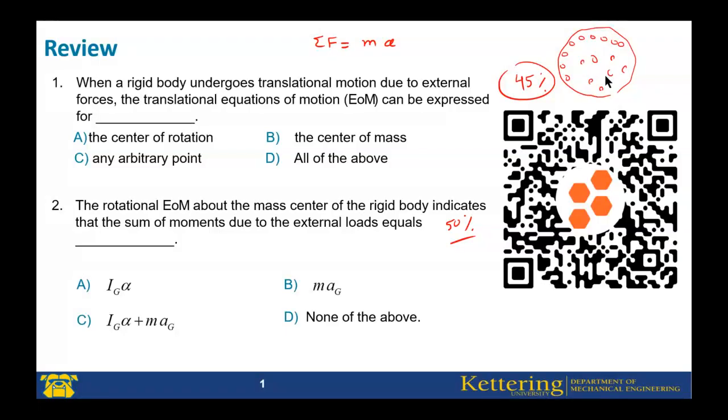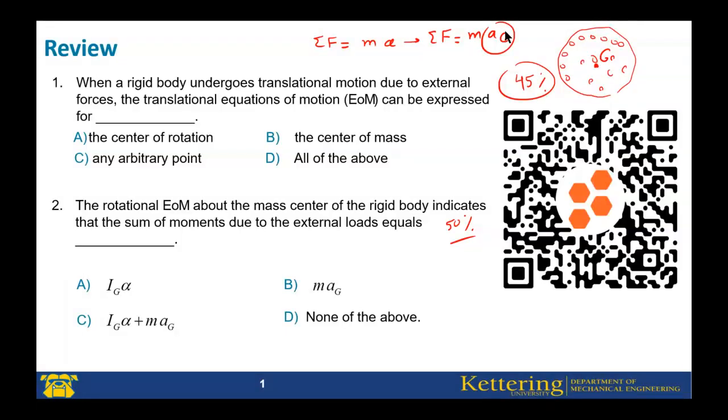If we want to use this for a rigid body, instead of adding and using this equation for each of the particles, we can consider one point called the center of the mass. Instead of adding the forces for each of the particles, we add the sum of the particles' mass, and we can write this equation for the center of the mass.